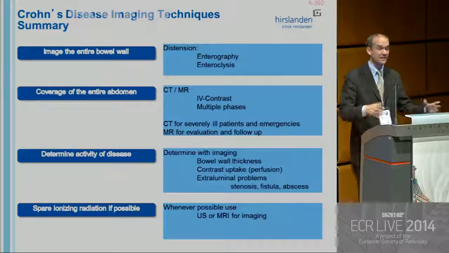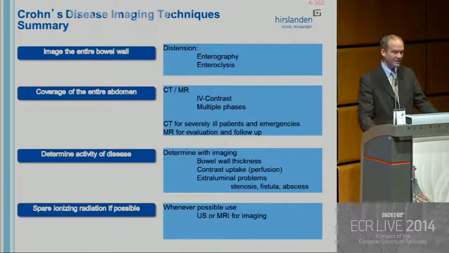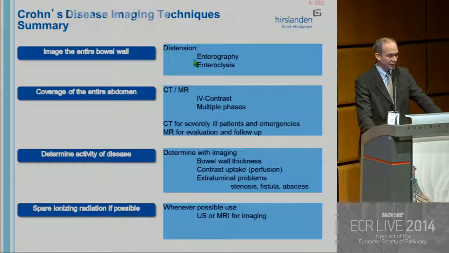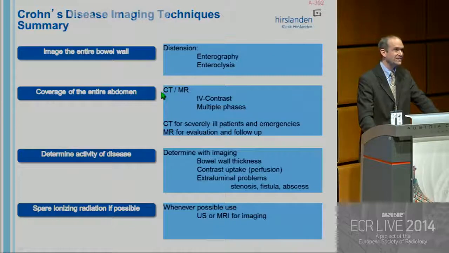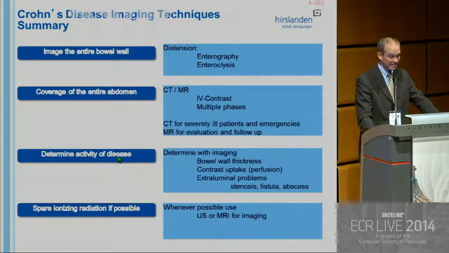So, this is something like an executive summary. For imaging the entire bowel wall, think about distension. There's enterography and there's enteroclysis. I think most centers do enterography right now, but there's still some room for enteroclysis. Cover the entire abdomen; nevertheless, I think it's easier with CT and MR. Do multiple phases whenever possible, and think of MR having many more possibilities than CT to really address the problem of disease activity.